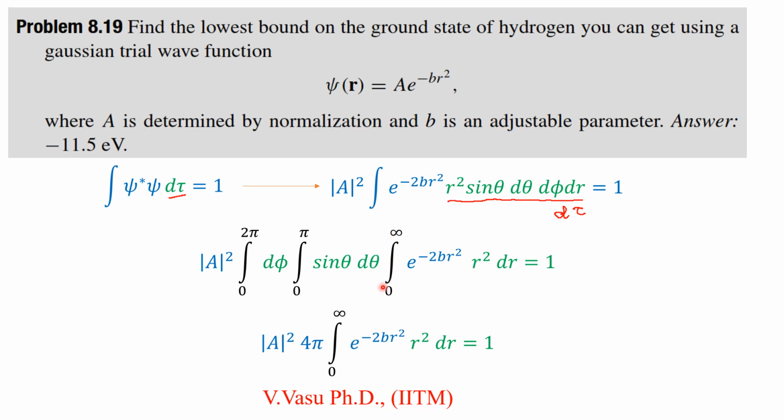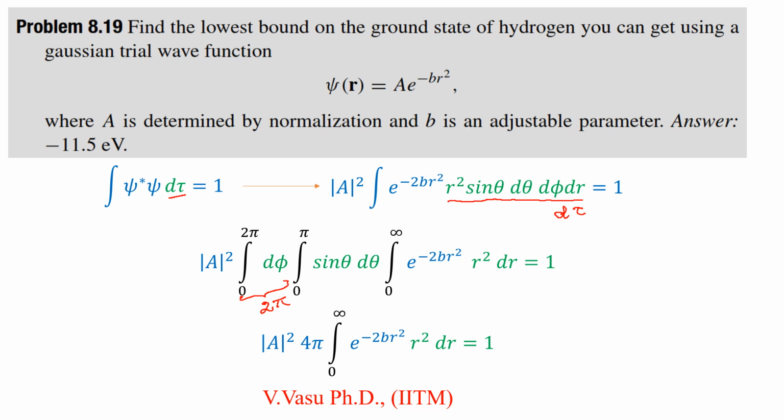The remaining radial part is e^(−2b r²) times r² dr. If you integrate dφ and apply the limits 2π and 0, then you will get simply 2π.